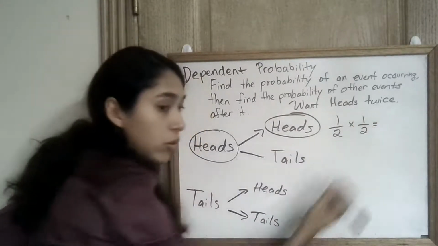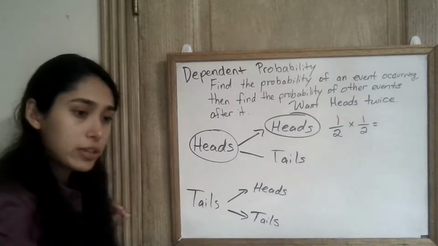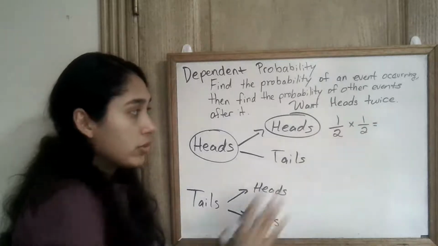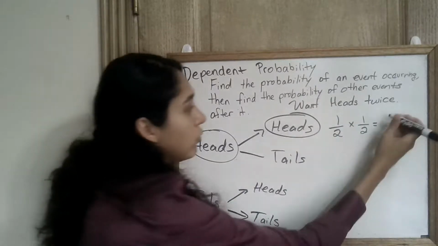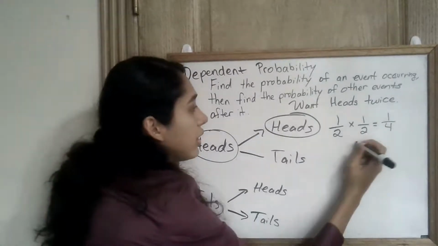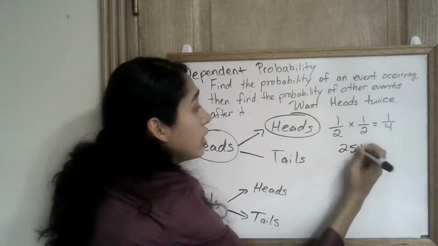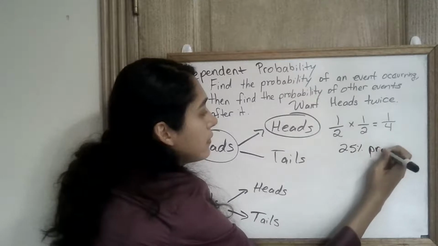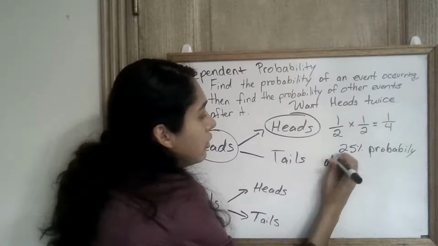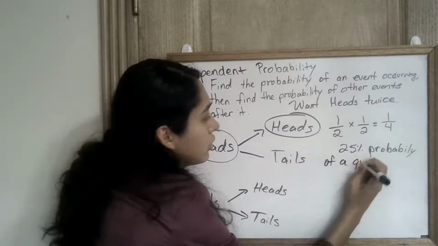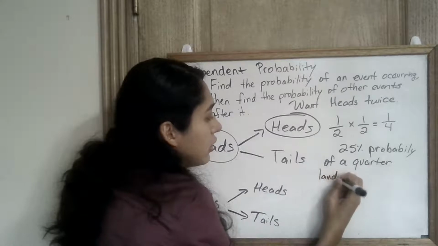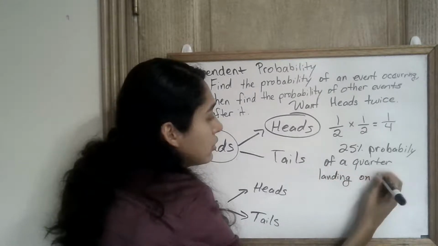This is where knowing how to do your operations with fractions becomes very important. If I just multiply straight across, I get 1 out of 4. So it's the same thing. It's a 25% probability of a quarter landing on heads twice.